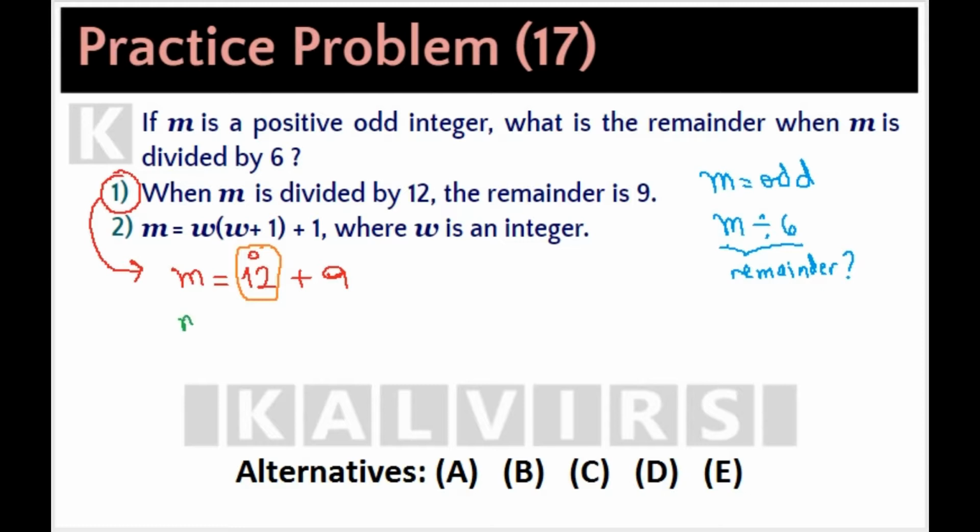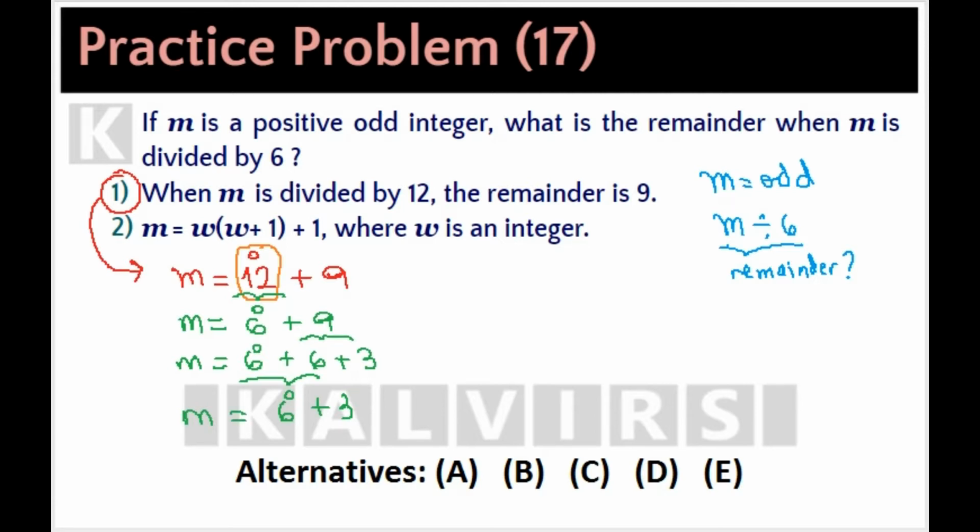So I can write m as a multiple of 6 plus 9, and 9 can be written as 6 plus 3. A multiple of 6 plus 6 is another multiple of 6.